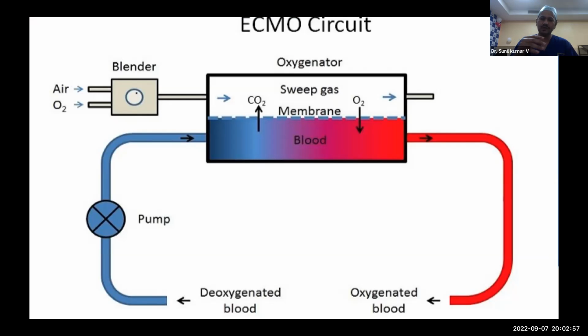The membrane between the blood and the gas layer is pretty thin, which helps us get the oxygen into the blood and give the carbon dioxide back to the gas. Thereby the oxygenated blood is pumped back to the patient.